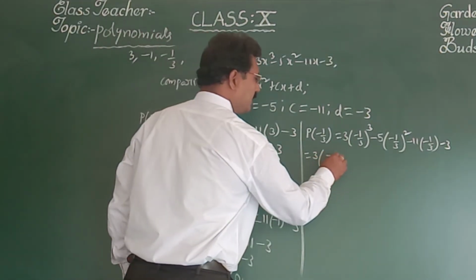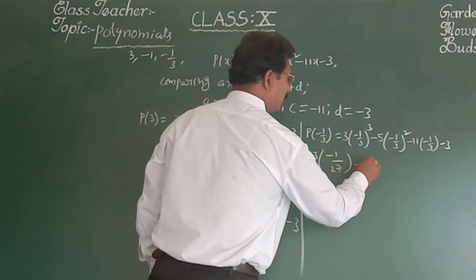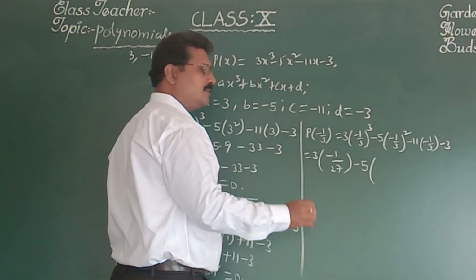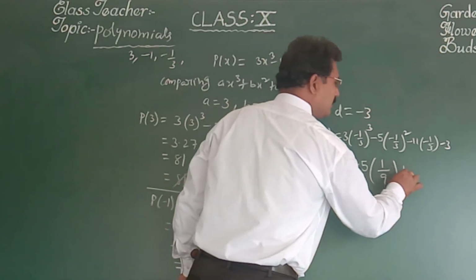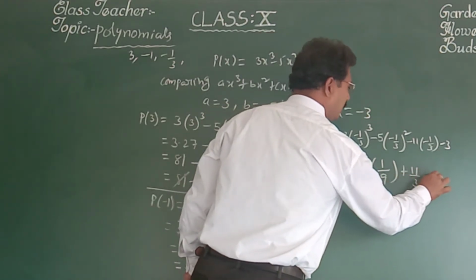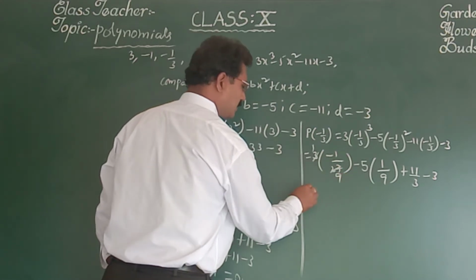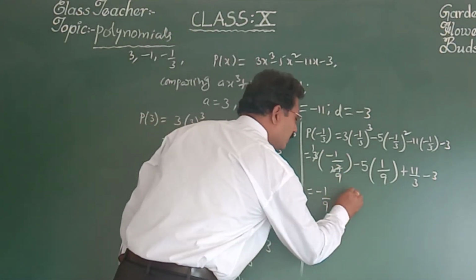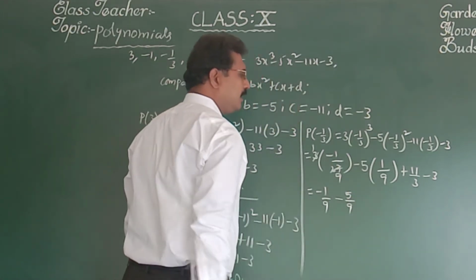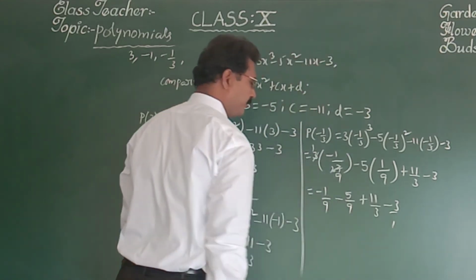So minus 1 by 3 cube is 27, minus 5 of minus: a whole power even number is positive, 1 by 3 square is 9, minus into minus is plus 11 by 3, minus 3. Now 3 ones are 3, 3 nines are 27. So what is your answer here? Minus 1 by 9, minus 5 by 9, plus 11 by 3, minus 3.